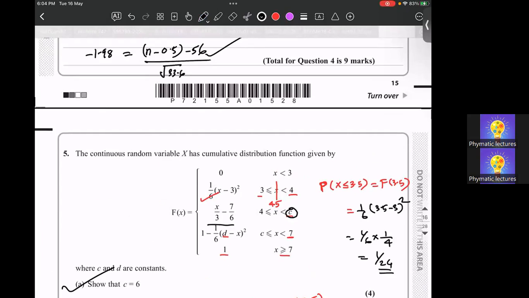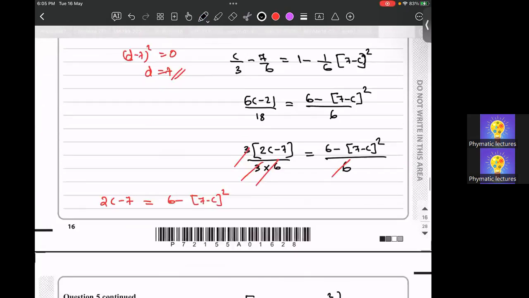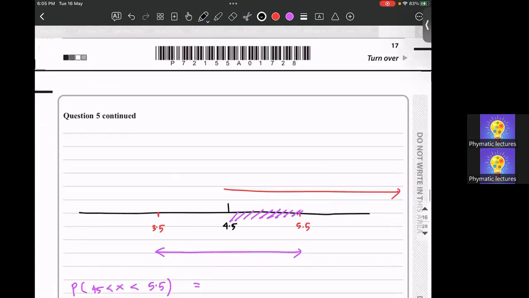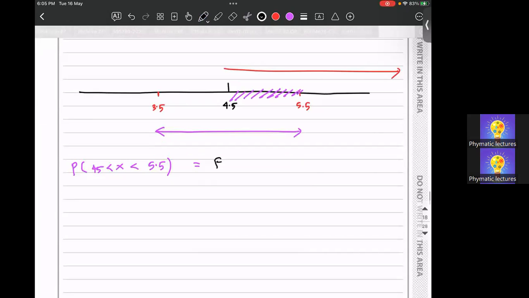Definitely that lies in which region? 4 to 6. So if you want to find this probability, that is F of 5.5 minus F of 4.5. That is the advantage of this cumulative distribution function, because if you want to find that probability, you just substitute F of 5.5 minus F of 4.5.